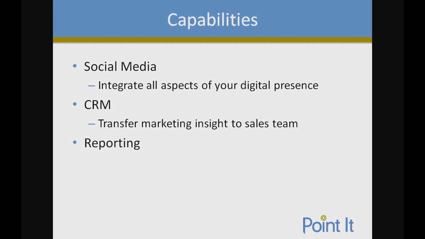However, some will enable you to send out your tweets, your Facebook posts through their platform, so that way you're able to track what the response is to that particular post. So really, again, that idea of bringing all of your digital presence into one hub, into this marketing automation solution, is what is such a valuable piece of marketing automation.